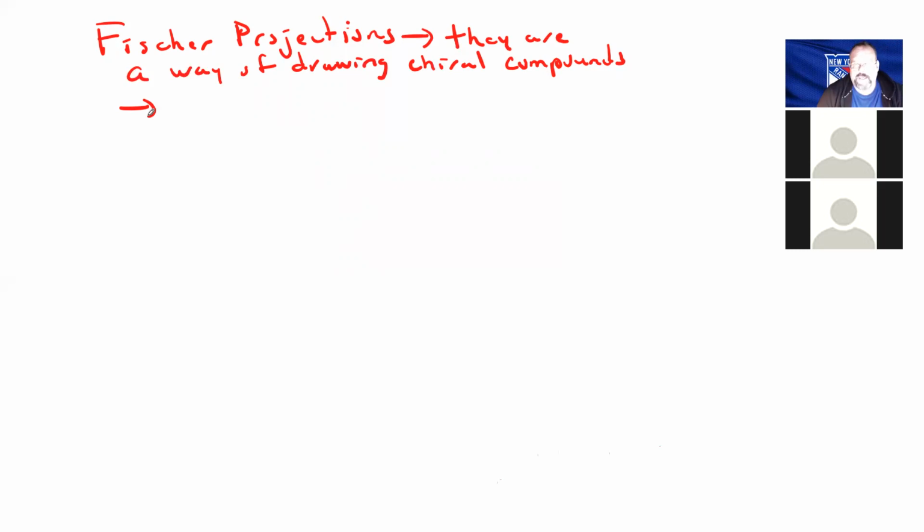So we use the idea of skeletal structures in Fisher projections to find where the chiral carbons essentially are.